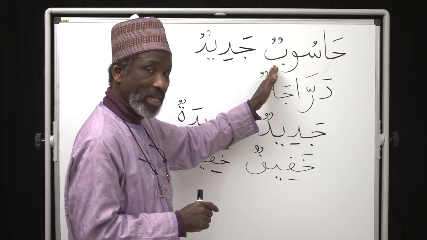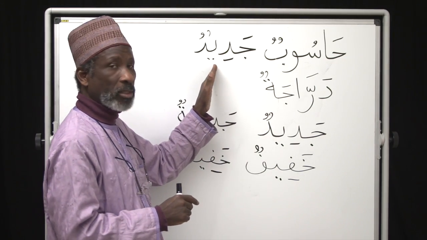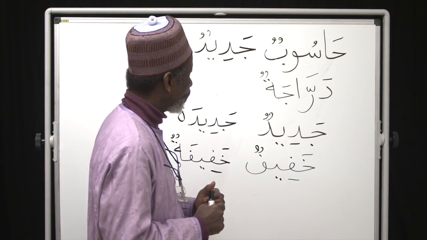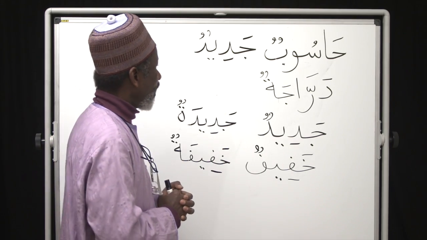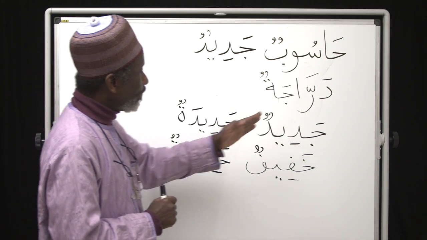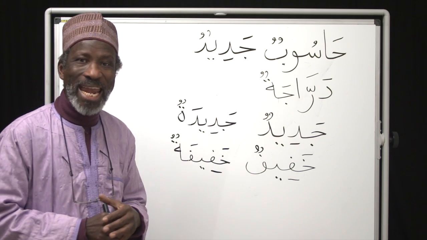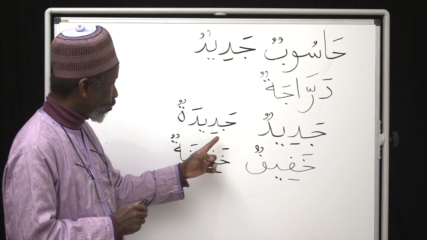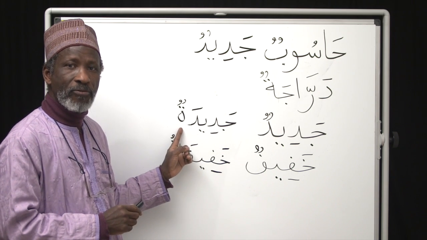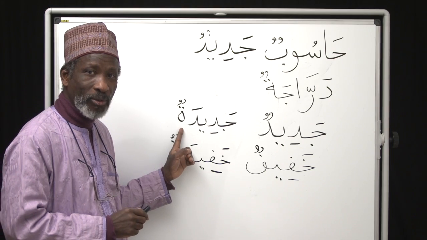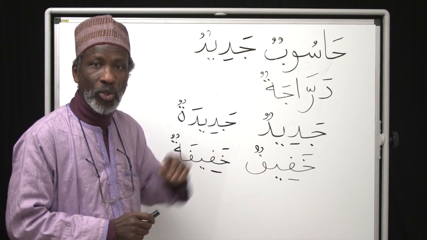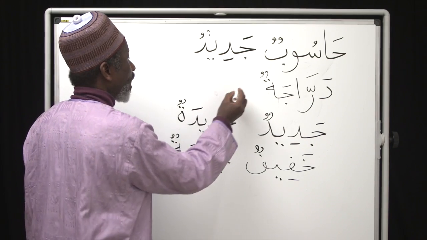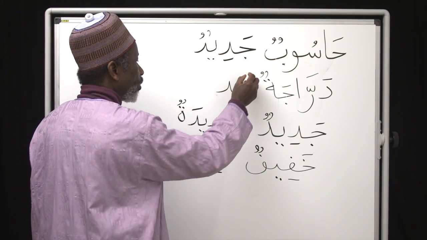Here is indefinite, and the adjective also must be indefinite. So write it down please for me. Now, what about darajatun? I want to say a new bike. Here you have to choose the feminine version of new to match the noun that you are describing. So darajatun, you choose this one, jadidatun.